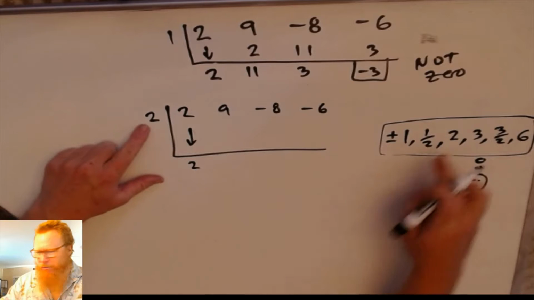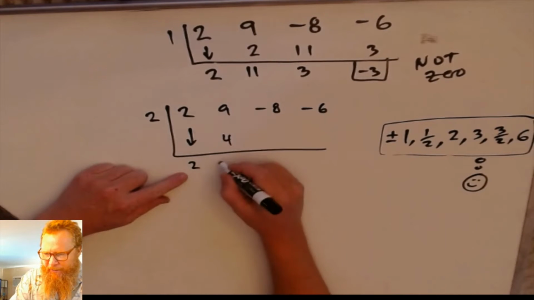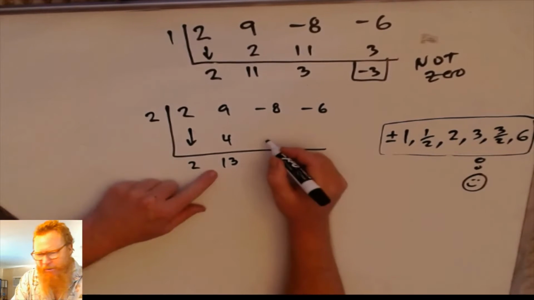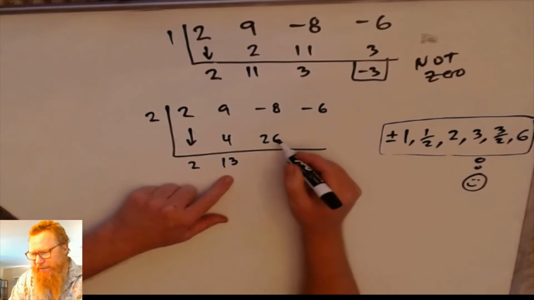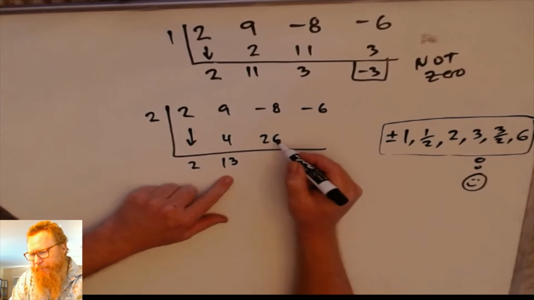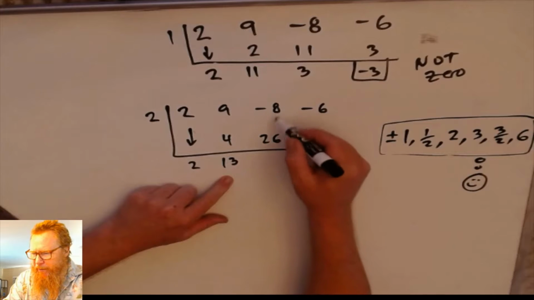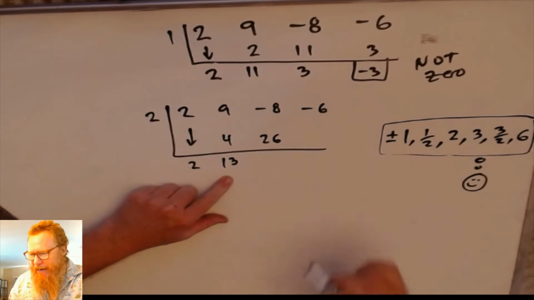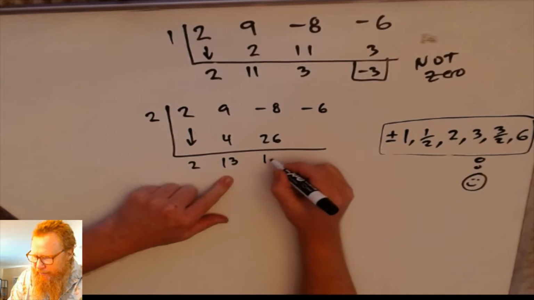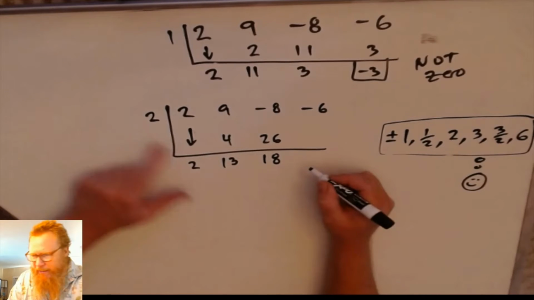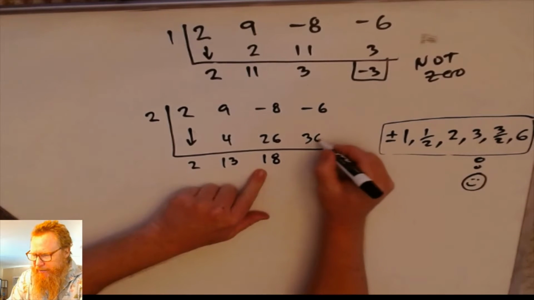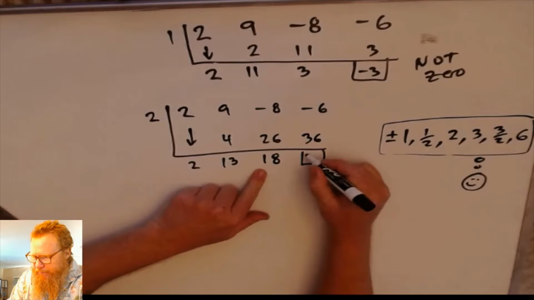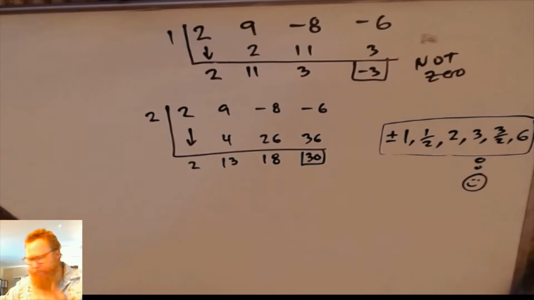So we're trying 2 next. So 2 times 2 is 4. That's 13. You can already tell it's not working. 26. What do we got? 26 and -8 is, what's that, 18? 2 and 18 is 36. And the remainder is 30.